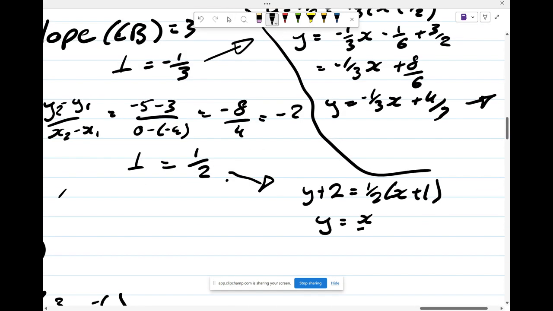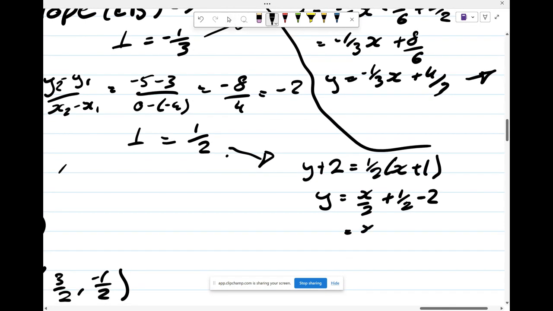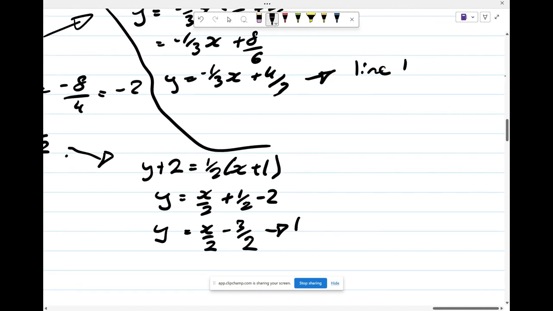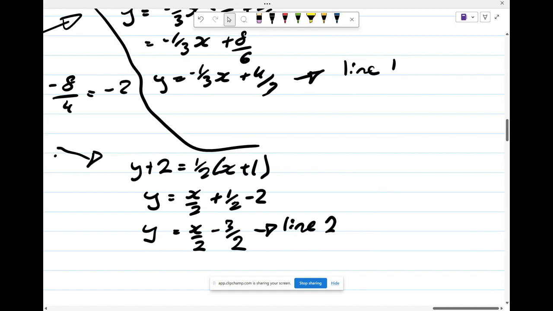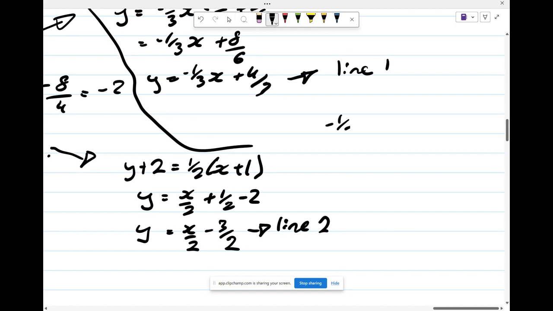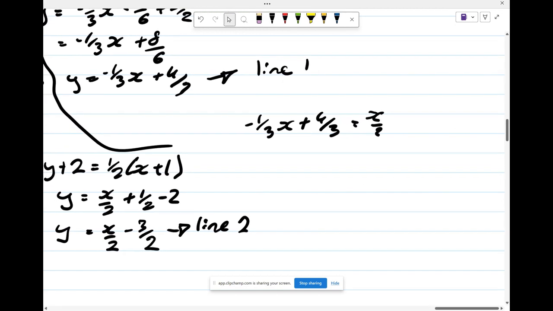So that's y equals x/2 plus 1/2 minus 2, which is x/2 minus 4/2 plus 1 minus 3/2. And now this is going to be line 2. We're going to let them equal each other to find the point of intersection, and hopefully this should be 0, 0.